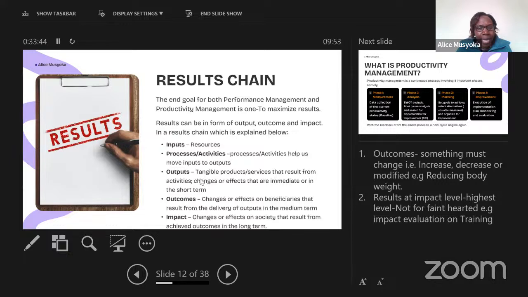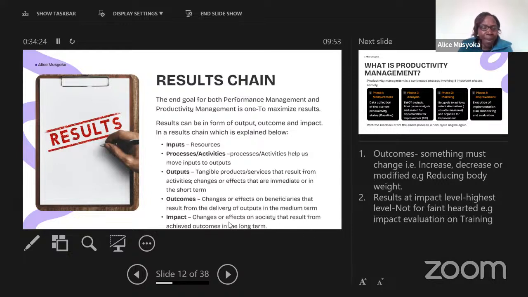And when outputs are further processed, when products are there or services are produced and they are there as outputs, they change to outcomes. The changes or effects that beneficiaries experience are outcomes, which result from the delivery of outputs in the medium term.